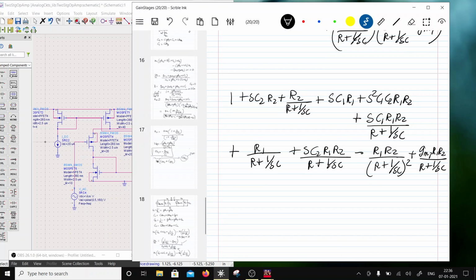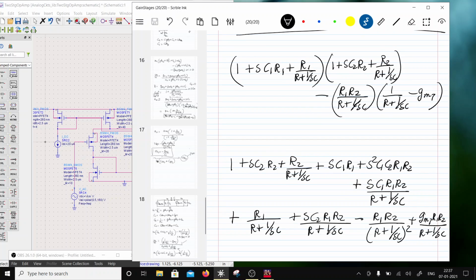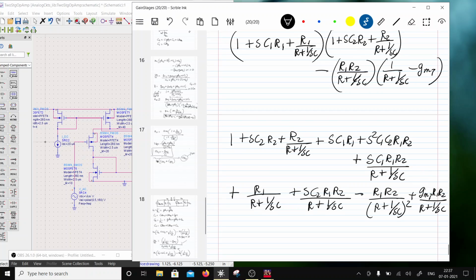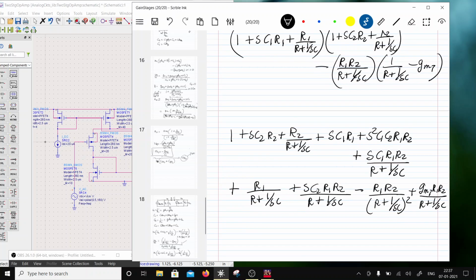So if I was to multiply with this, there will be a square term here also, right? Because this is multiplied with this, R1 R2 divided by R plus 1 over SC square, isn't it? Where is that square term?